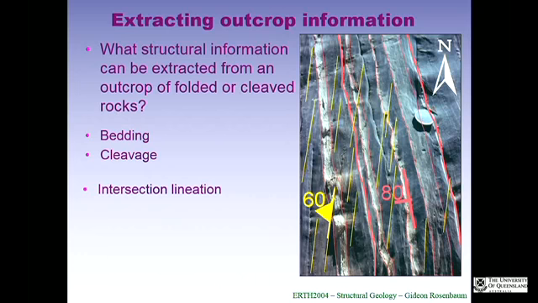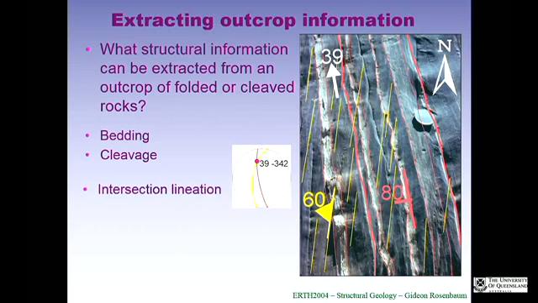Alternatively, we can take those two planes and plot them on the stereonet. All we need is just the intersection of two planes. We all know how to do that, and we can use an app on our mobile phone that will do that for us. There are plenty of tools like that.